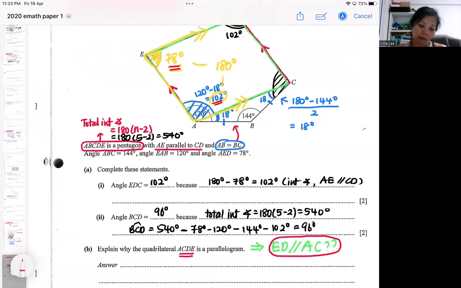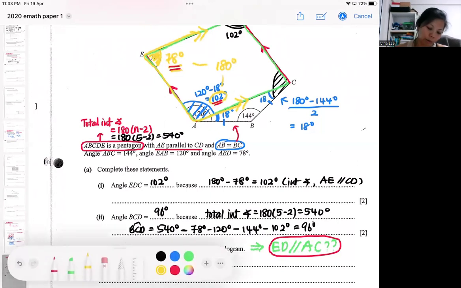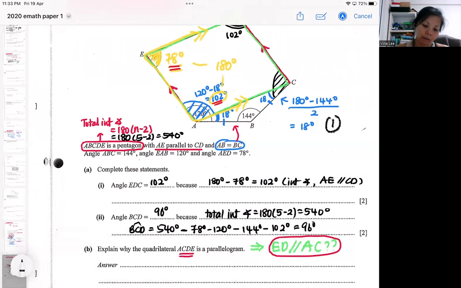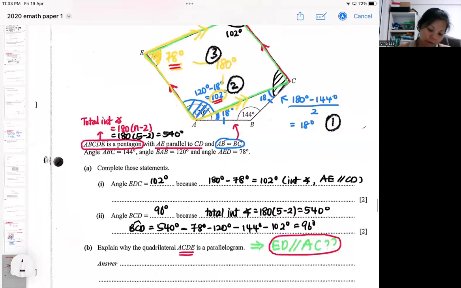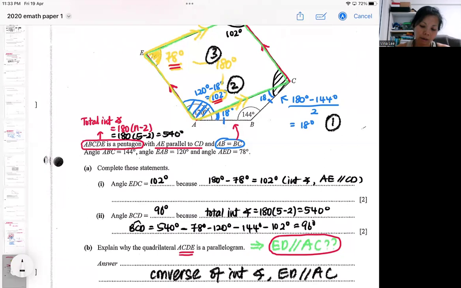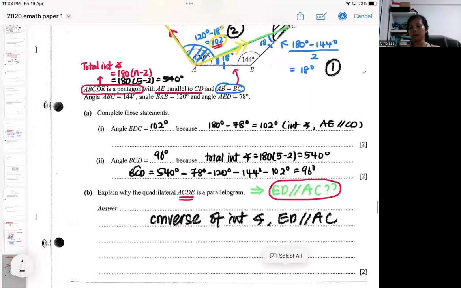So the first step is you need to get the 18, then you need to get the 102, then you need to explain that it adds up to 180, and then by the converse, essentially you are using the converse of interior angle, then ED is parallel to AC. And now that you have two pairs of parallel lines, it will make a parallelogram.